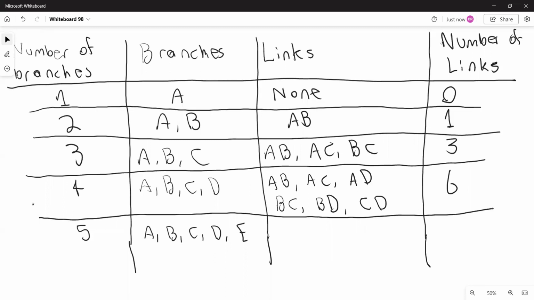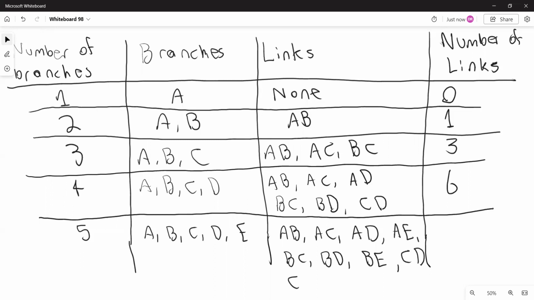Okay, so the links are going to be AB, AC, AD, and AE. Next, BC, BD, and BE. The ones starting with B. The next ones are CD and CE. And the last one is DE. So that's a total of 10 links.